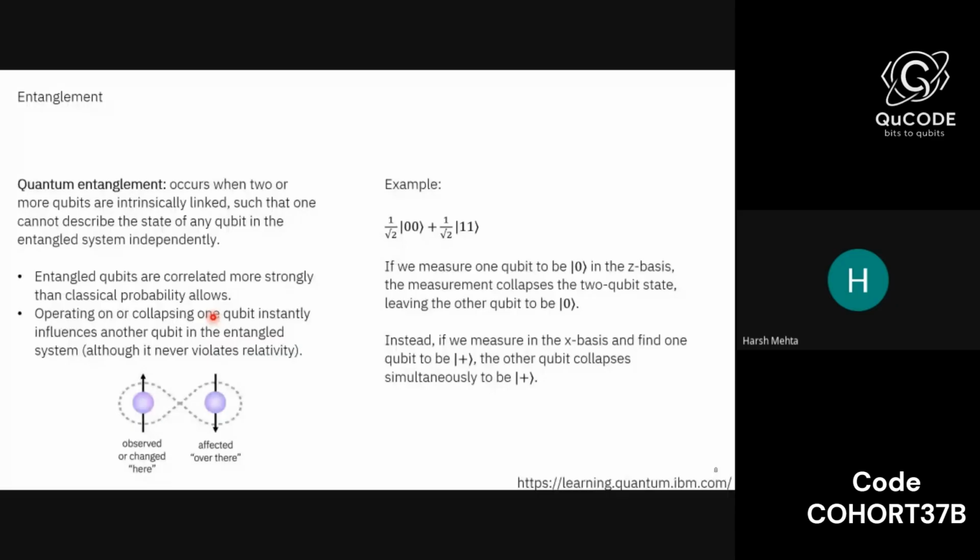This is another phenomenon, quantum entanglement, that is also something that you cannot find in a classical setting. Quantum entanglement is basically when we have two particles that are connected in such a way that any disturbance to one particle is immediately seen on the other particle, irrespective of the distance between the two.